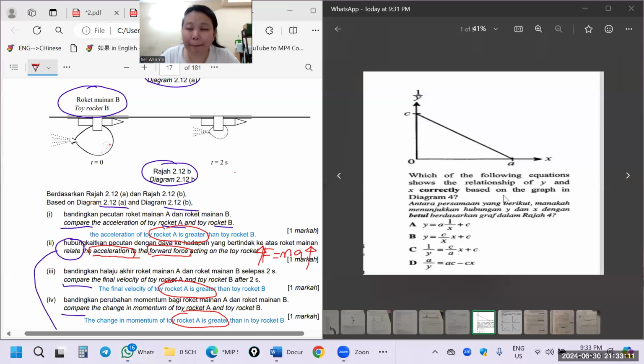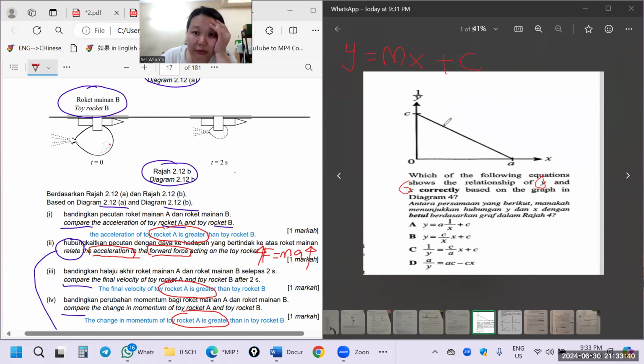The graph. Okay, so which of the following equations shows a relationship of x and y correctly? Actually this is your Form 3 maths, and Form 4 maths also, you will learn again at Form 5. So this is a linear graph, right? Linear graph is y equals mx plus c.